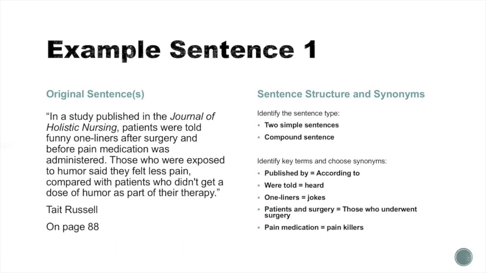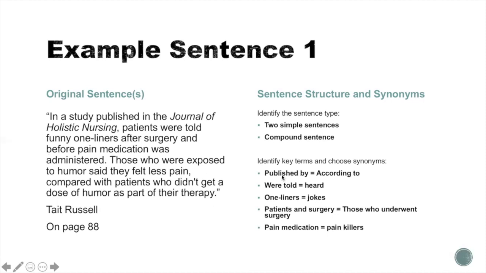So here's what I have listed in my work in identifying the sentence types and in choosing synonyms. So remember, we saw two simple sentences, right? And a compound sentence. So we don't really see any complex sentences here. So this could be a clue that maybe we could develop a complex sentence with our paraphrase.